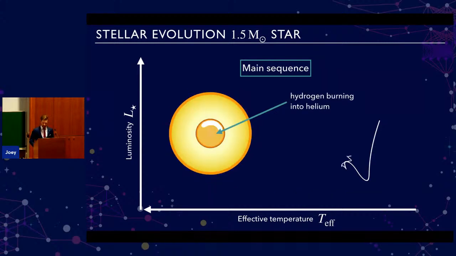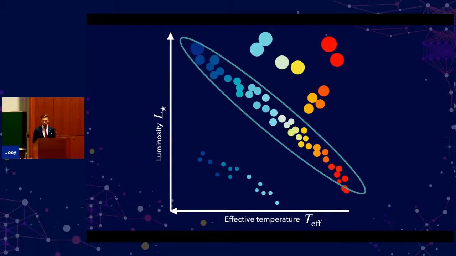After the main sequence, the temperature in the core is high enough to ignite hydrogen or start hydrogen burning. So it fuses hydrogen into helium in a convective core with an envelope where the energy transportation is done via radiation, so a radiative envelope, and maybe a very tiny convective outer layer on top of that. So this corresponds to this large band in the Hertzsprung-Russell diagram that I showed you before.